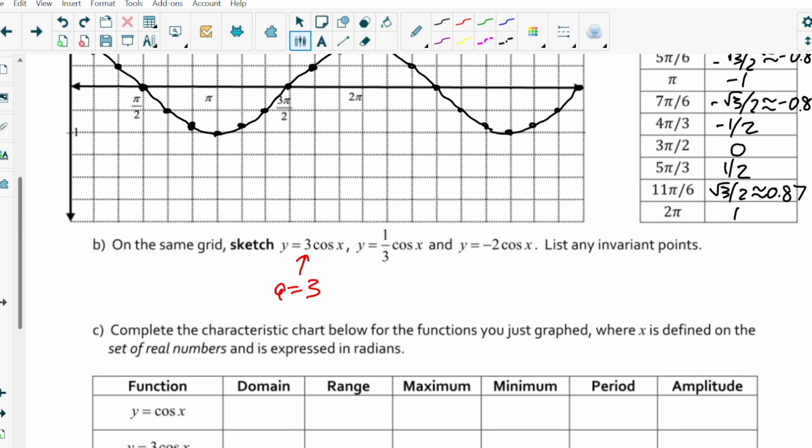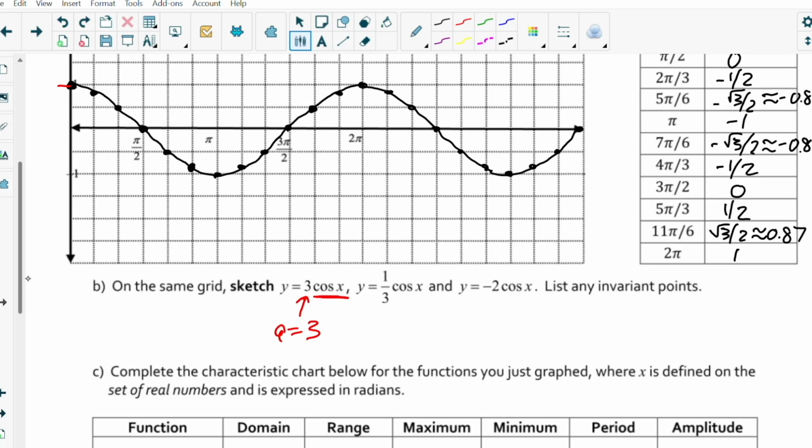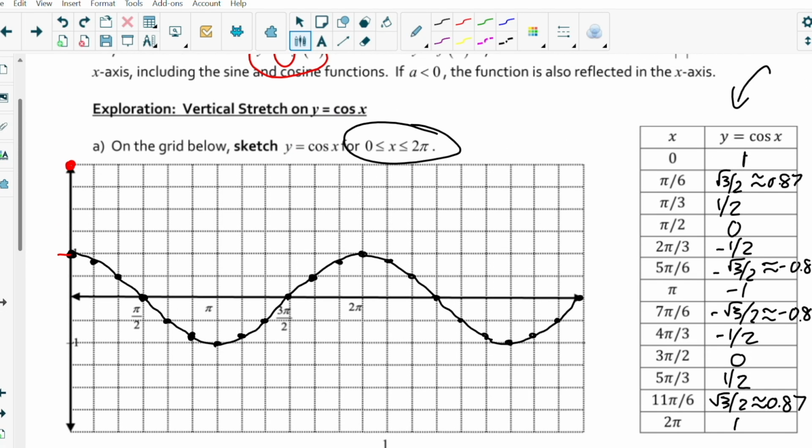Right? So if I take the cosine function and multiply it by 3, all the y values will get multiplied by 3. So this one, when I multiply by 3, goes all the way up here, about there. And then 1/2 multiplied by 3, 1, 2, 3, right about there. And then 0 multiplied by 3 is just still there, okay?